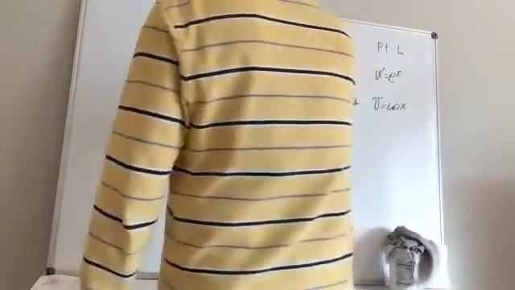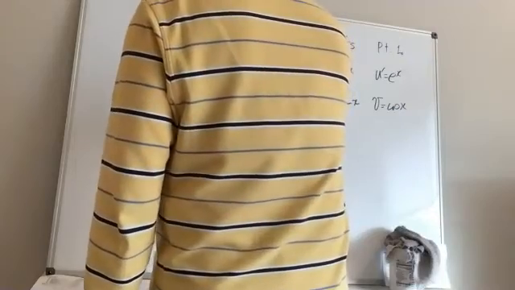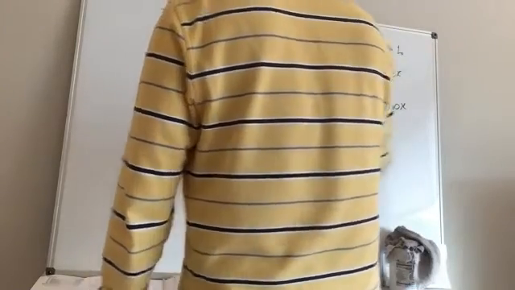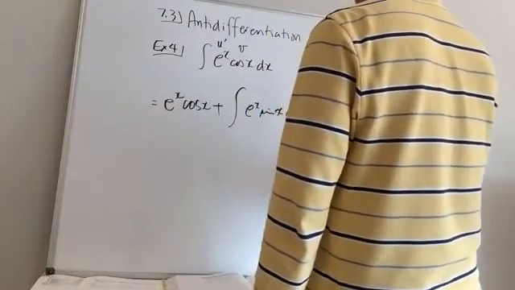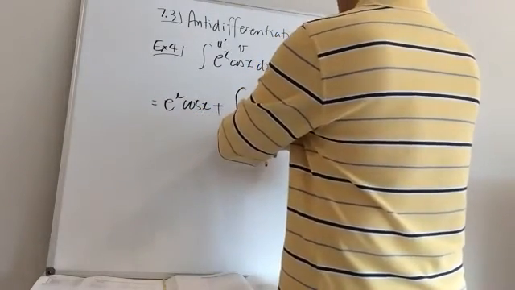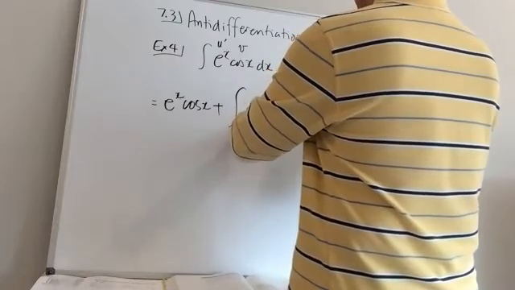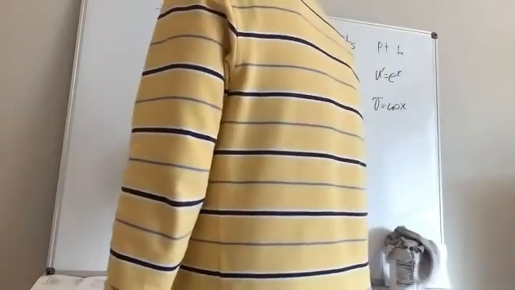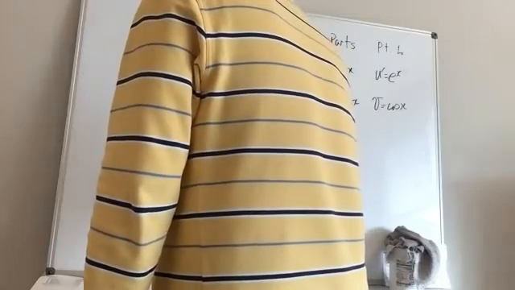So this is, what am I doing? This is u prime, this is v. So I get u, which is this guy, times v, and then over here, I get u times v prime minus, okay, we're good. Let's try this one more time and see what happens.